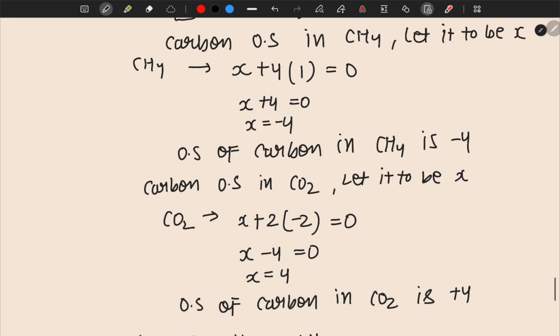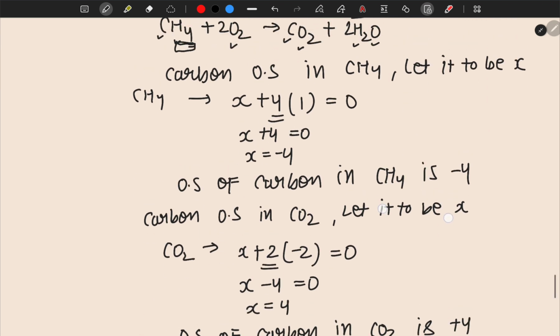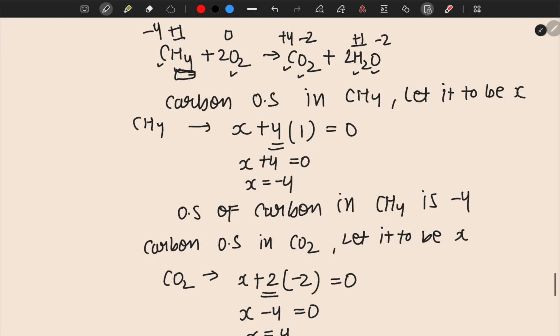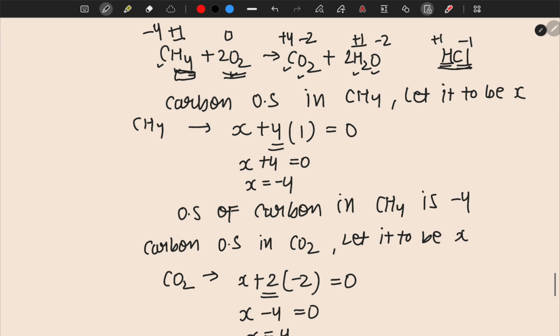The subscript is taken care of in the formula. Okay, so don't mention it with the subscript. Cool. And you have to see which species is pure, which is not. If a species contains two elements, it is not pure, like HCl. It is not pure because it contains hydrogen also, chlorine also. So then you have to mention chlorine is -1, hydrogen is +1, like that. So thank you.